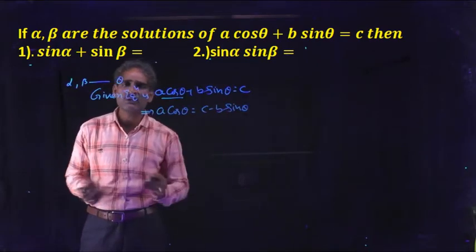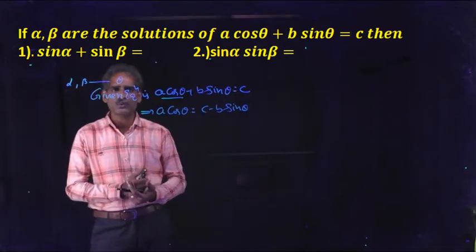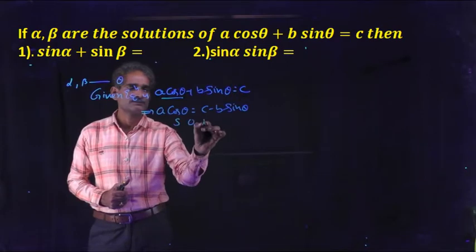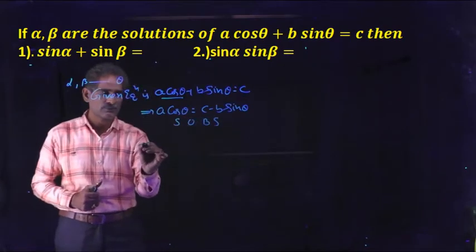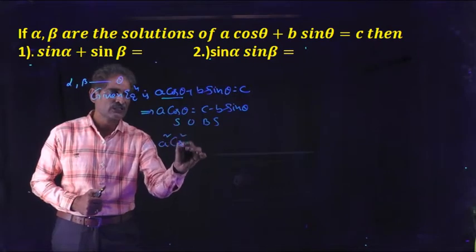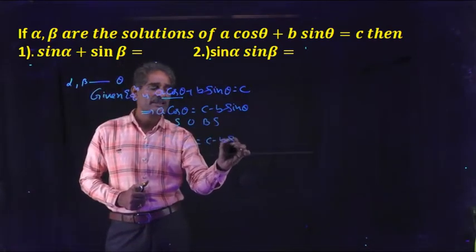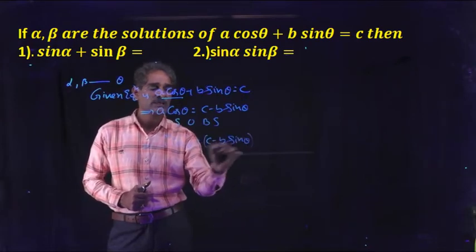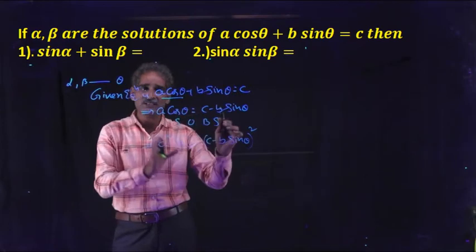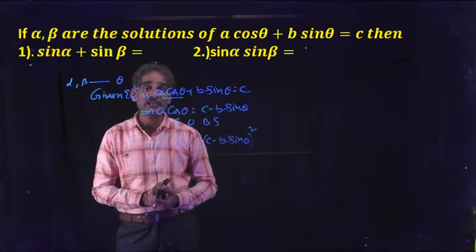We can change the cos function, if the power is 2, by using the identity. So squaring on both sides, we will write a square cos square theta is equal to (c minus b sin theta) whole square. Our aim is to express this equation as a quadratic equation in terms of sine.